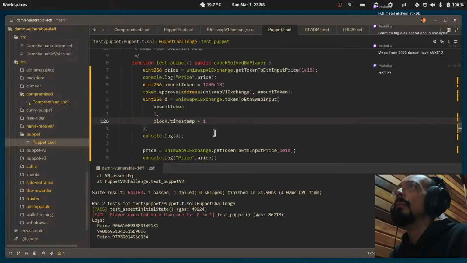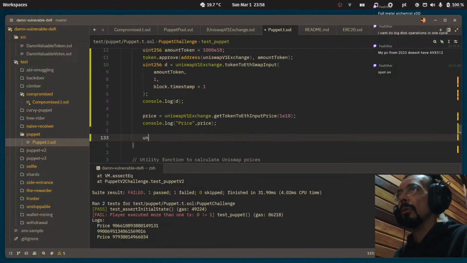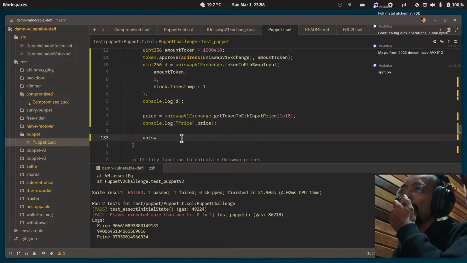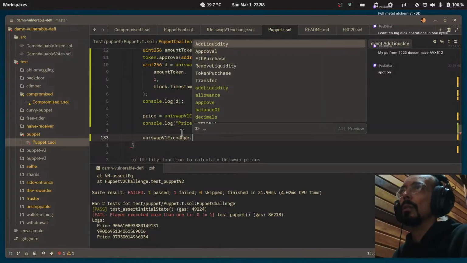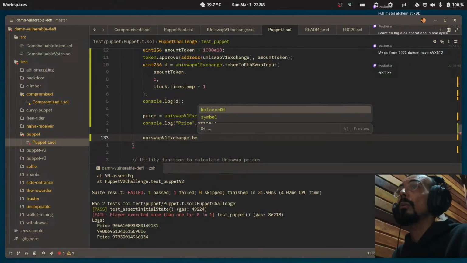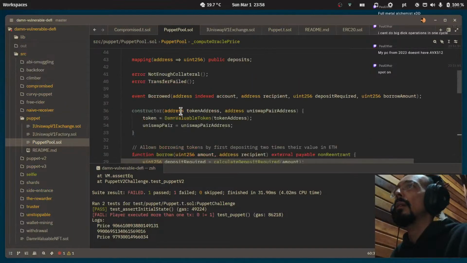Okay, maybe we're going to have the problem where we made the price so cheap that it's going to break stuff. Uniswap V1. I don't know why it's not autocompleting. Exchange. It's borrow. They have borrow. No, I think it's take something. No. It's not here. It's here.